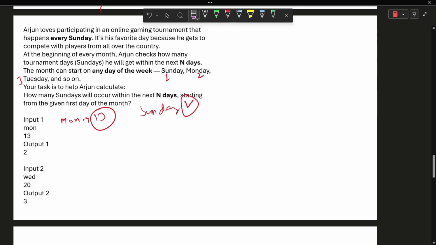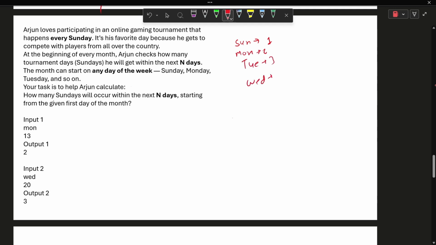Let's see how we can find it. SUN means Sunday, its value is 1. Monday 2, Tuesday 3, Wednesday 4, Thursday 5, Friday 6, and Saturday 7.